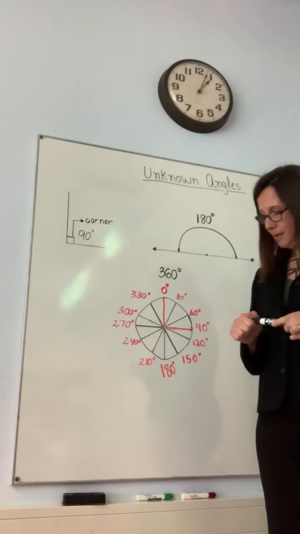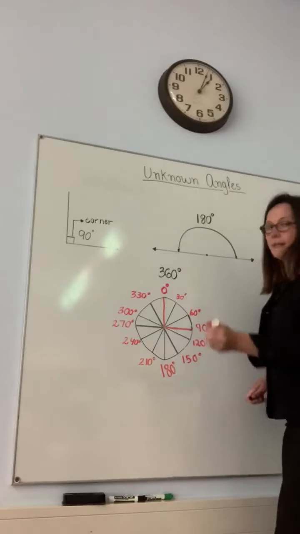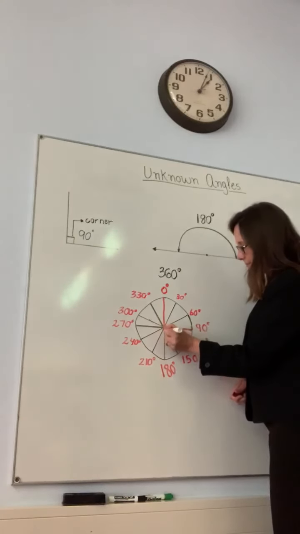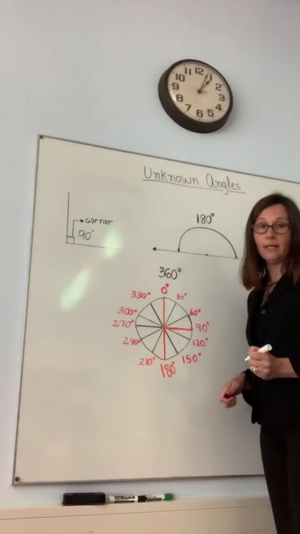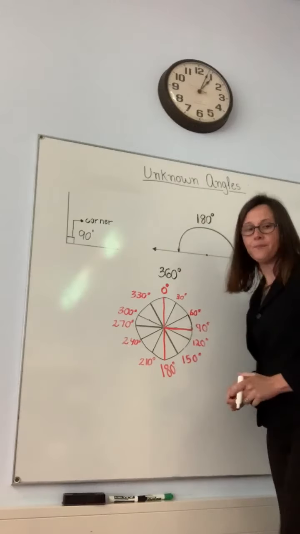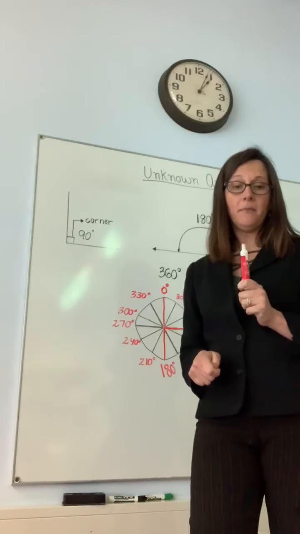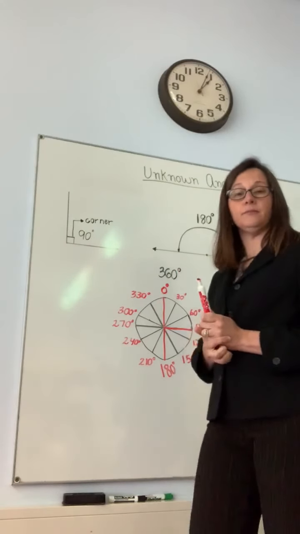360. Let's look at two things here. This is a 90-degree angle, but this is also a 90-degree angle, right? So I'm going to ask a question. How many 90-degree angles make a full circle, a full angle?